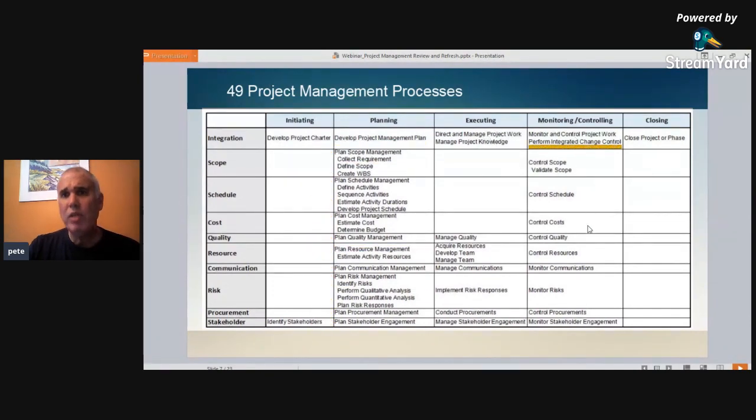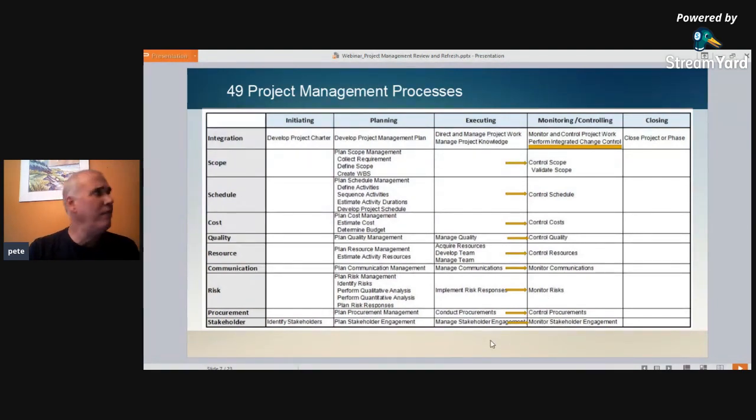But you'll see also in monitoring and controlling that we monitor and control project work, but for each of the knowledge areas, 10 in total, we will have either a control scope, control schedule, control quality, etc. And in some cases, monitor risks, monitor communications, monitor stakeholders, right?